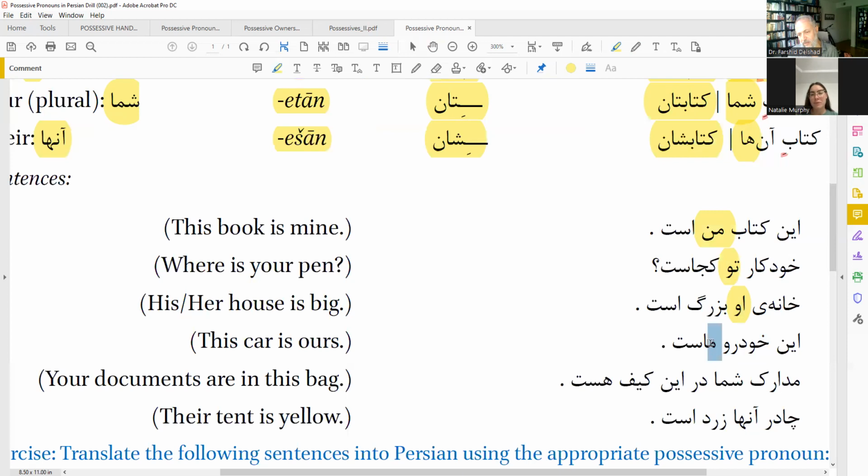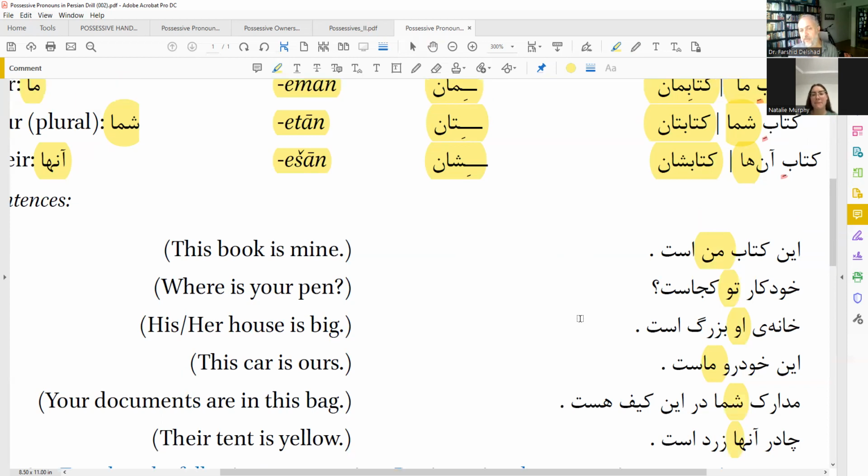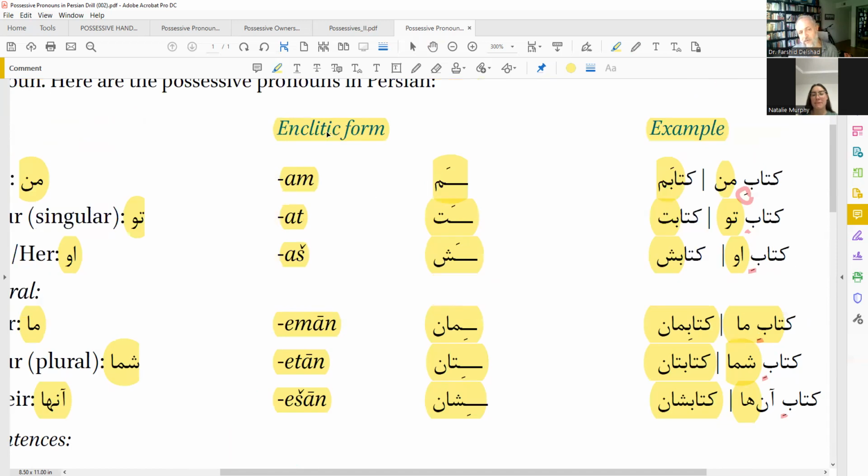So I have 6 phrases, and in all these phrases, I keep using these possessive pronouns in plain form. What I would like you to do is convert them to the enclitic forms.